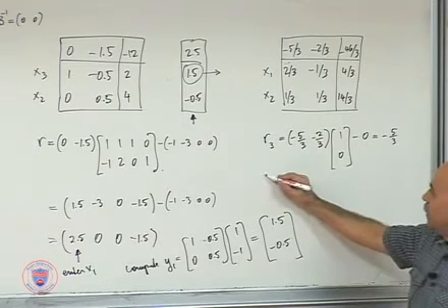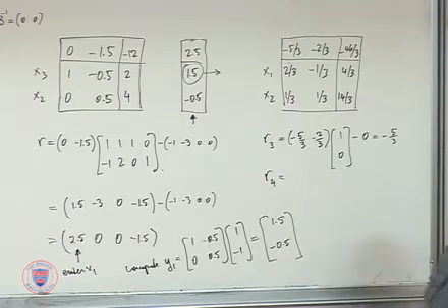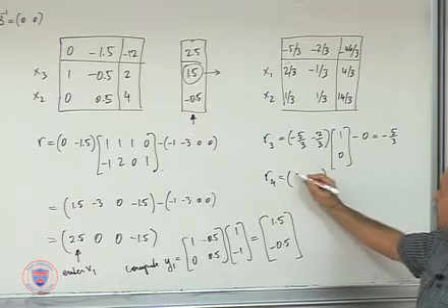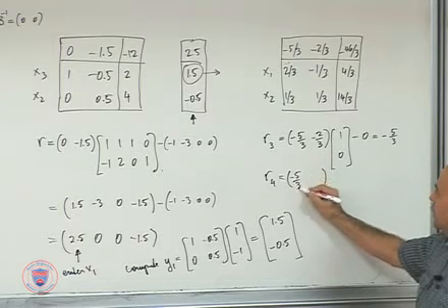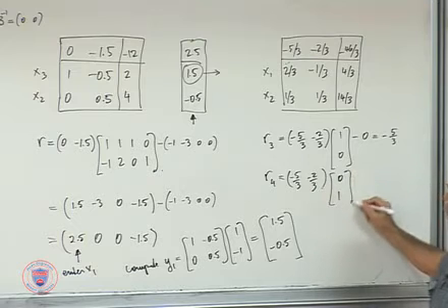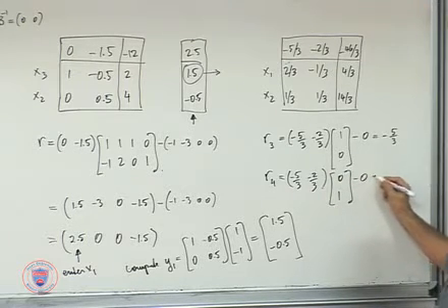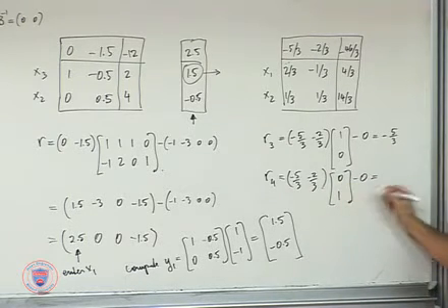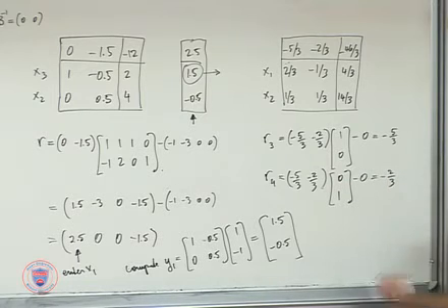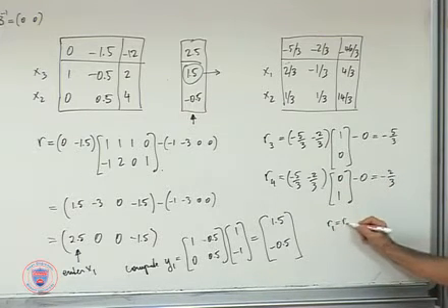R4, which is the next reduced cost for the non-basic variable, is going to be the same W times 0, 1 minus 0 again. That will give you minus 2/3. And R1 and R2 are, of course, 0.